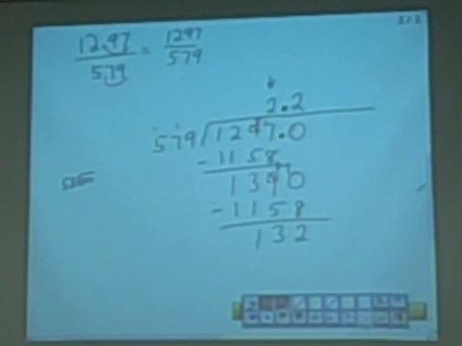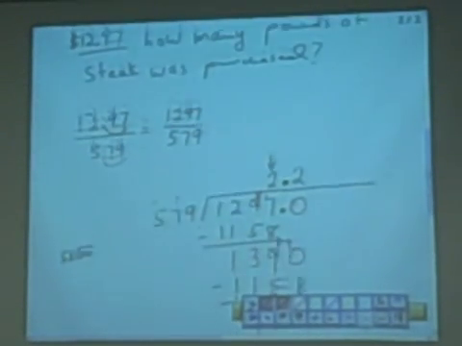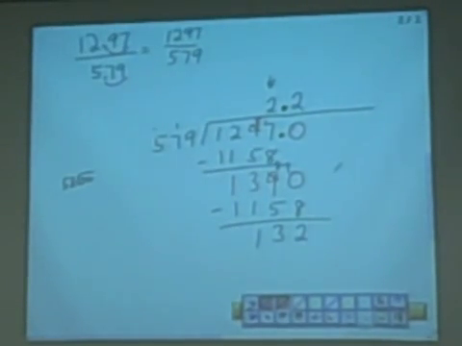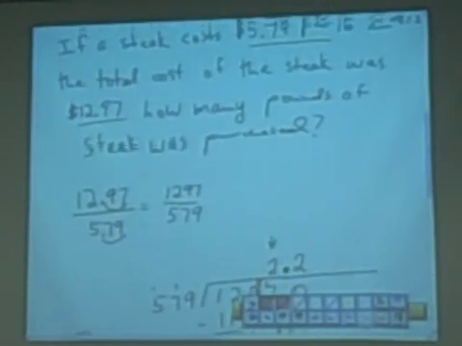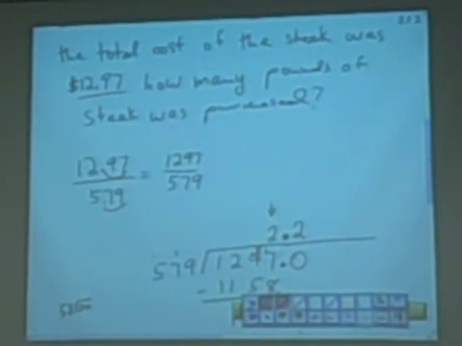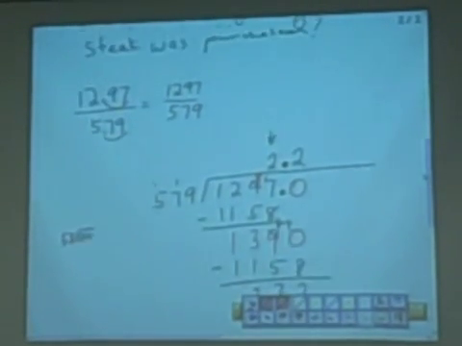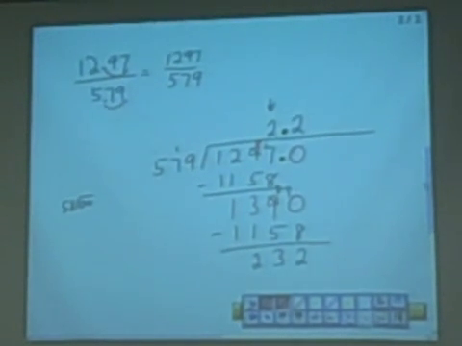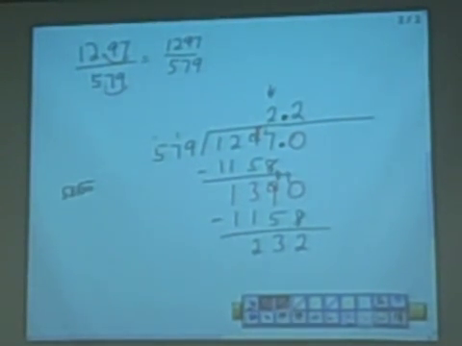Do we have to keep going? 3 minus 1 is 2, because I didn't have to borrow on that one. So we have to keep going, right, because it doesn't say, we'll go ahead and round to the nearest 100th. So for the next one, we have to again add a 0.